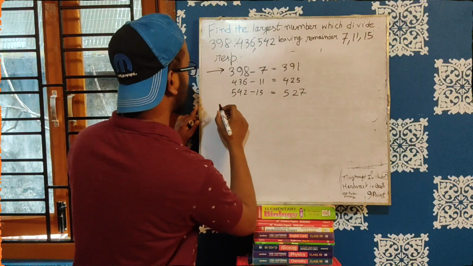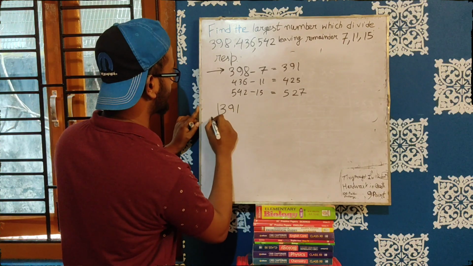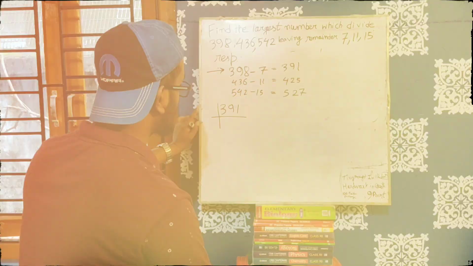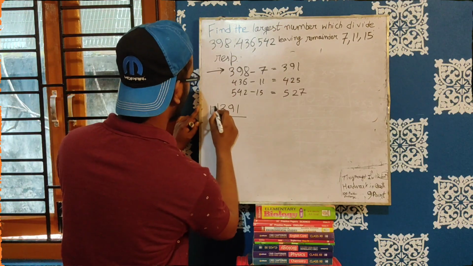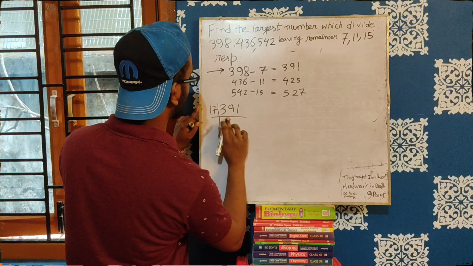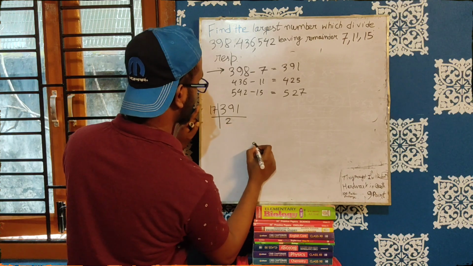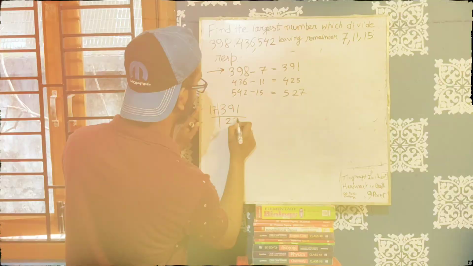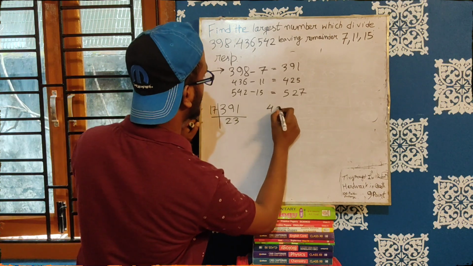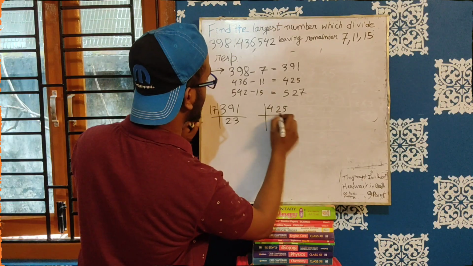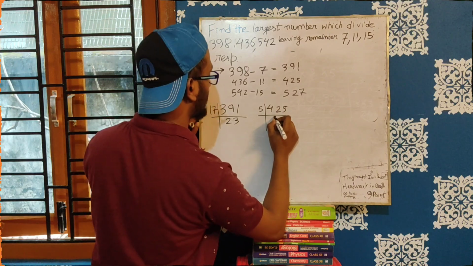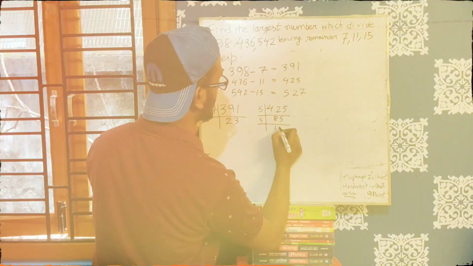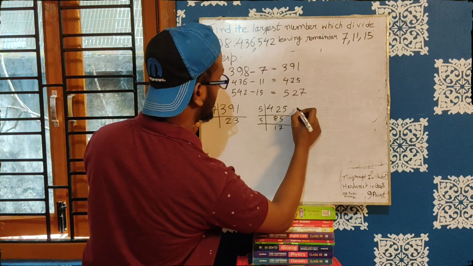Let's find the prime factors of this one. 391, let's try 17. 17 times 23 is 391. Now 425, let's try 5. 5 times 5 is 25, 5 times 85 is 425, and 85 is 5 times 17, so 17 is coming again.